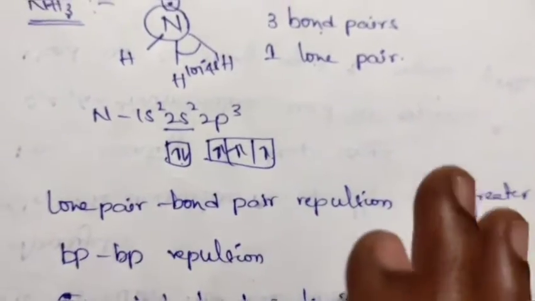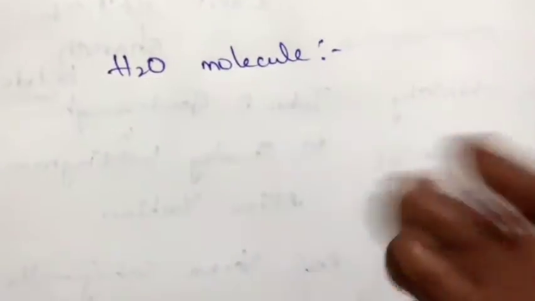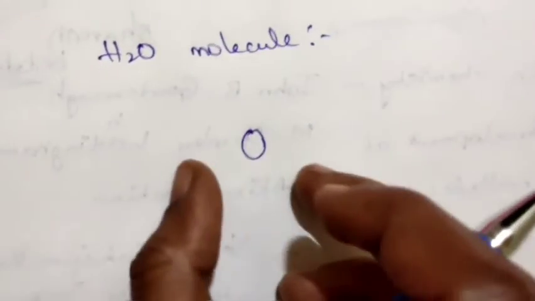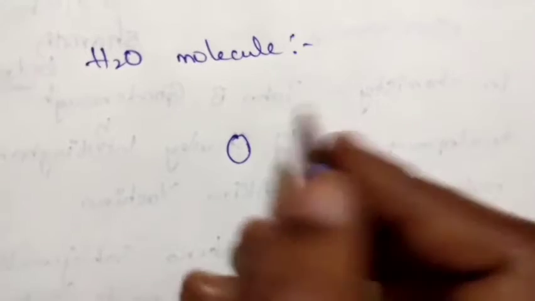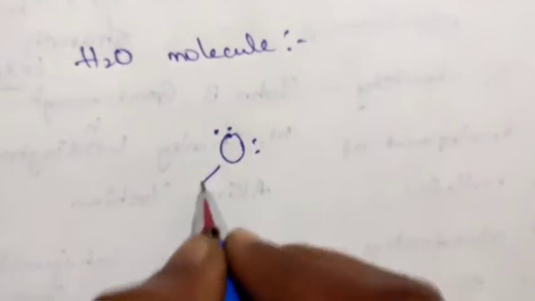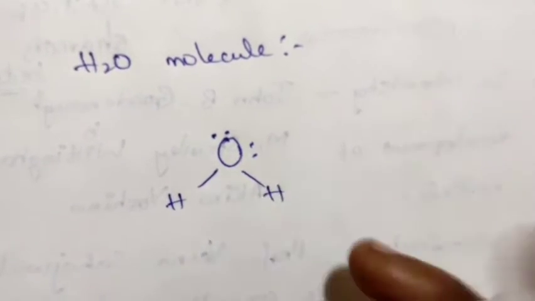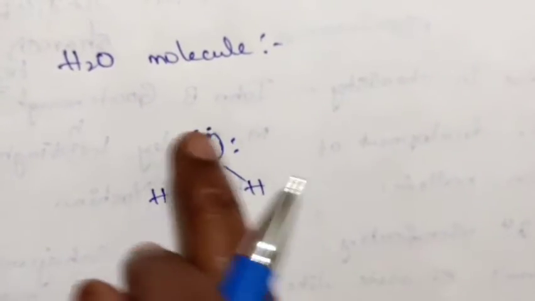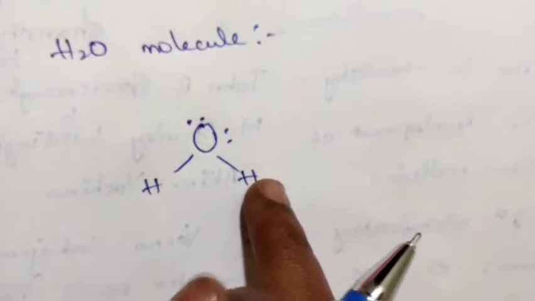And third and the last one is the water molecule. In this water molecule, oxygen is the central atom and it has two lone pairs and two bond pairs with the hydrogens. Okay, two lone pairs are there and two bond pairs are there.